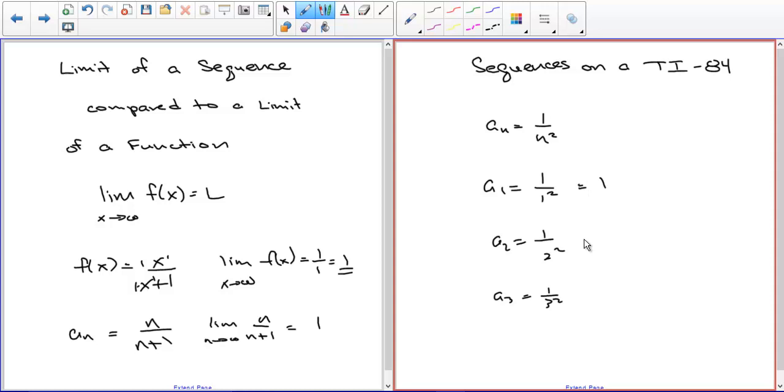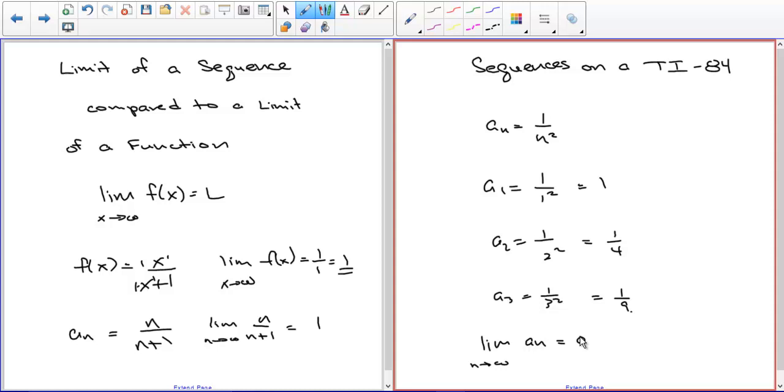So that's 1, a fourth, a ninth, etc. And if I said what's the limit of a sub n as n goes to infinity, the answer would be 0 still. It's the same as we looked at with 1 over n. They both have a limit of 0. This sequence approaches 0 more quickly than 1 over n would.